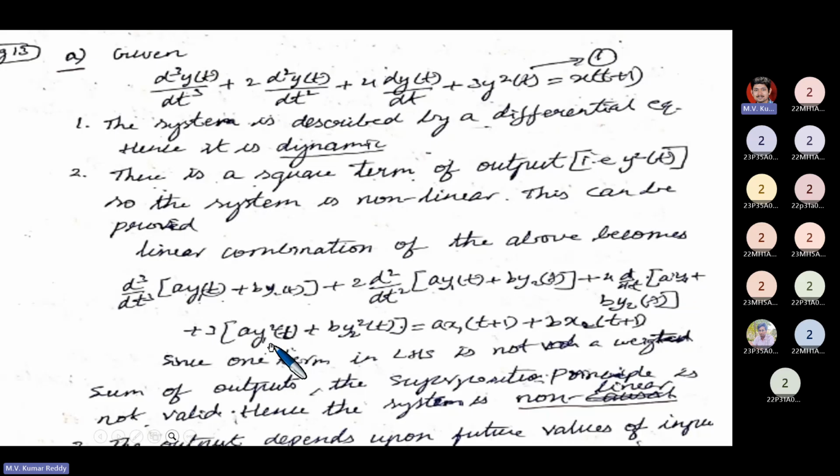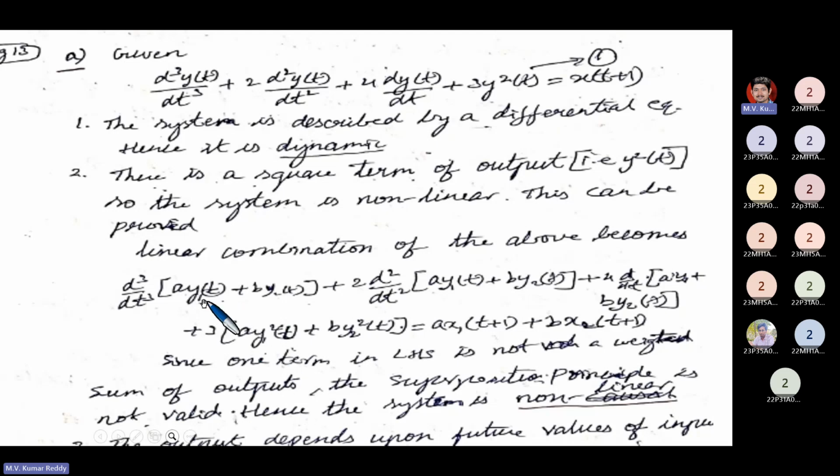But see here, we got y1 square plus y2 square. Since one term in the LHS is not a weighted sum of outputs, it is not a weighted sum of outputs.